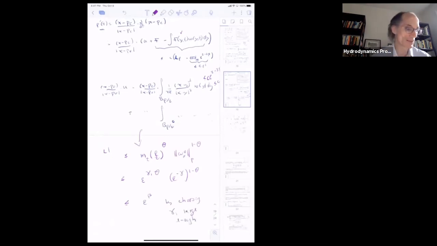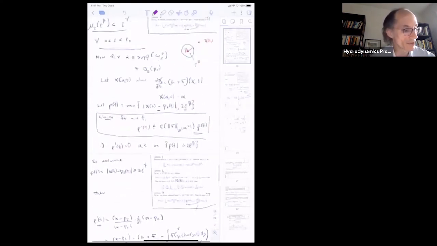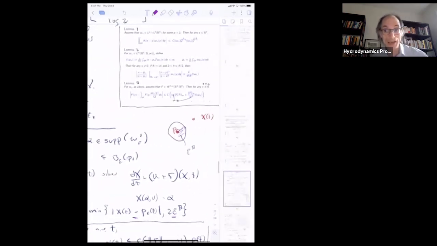Okay, so we have this picture: the vorticity inside here. We use lemma 1 to control its contribution, and outside that there's basically nothing, and so it contributes basically 0 to the velocity. And let me emphasize lemma 2, which was somehow the crucial thing. In fact, the vortices generate a big velocity, but the radial component is small. So lemma 2 is really the crucial thing.